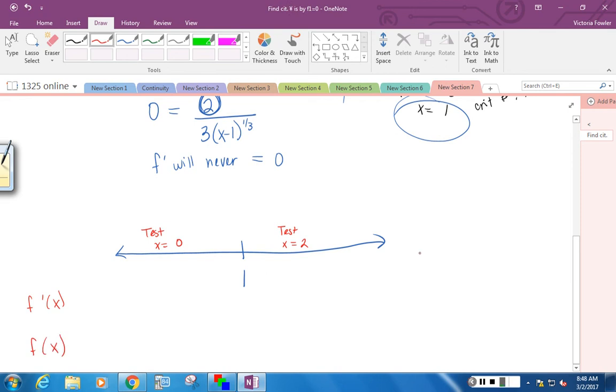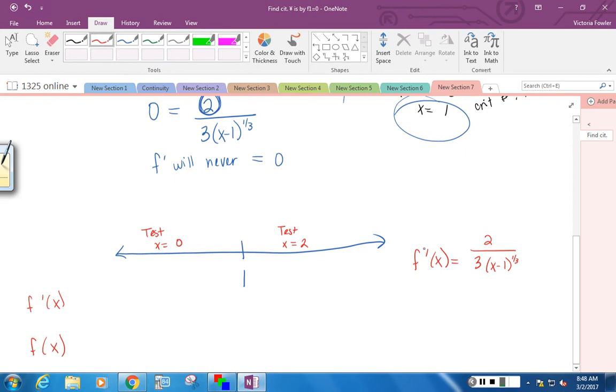And I usually take a factored form. In this case, there's nothing really any easier than what was given to us. We have that the derivative was 2 over 3 times quantity x minus 1 to the 1/3. Or I could put the cube root here if I want.